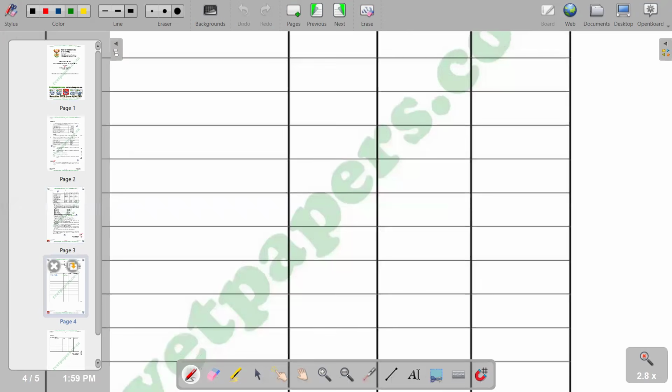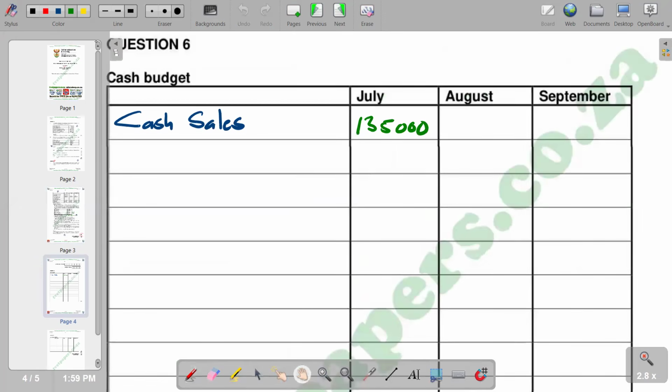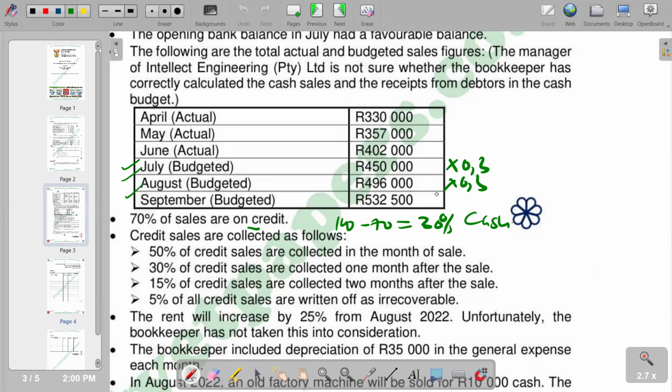We can just correct this: 148,800. With that, we calculate again for September, multiplying by 0.3.